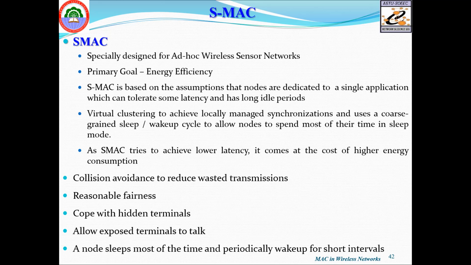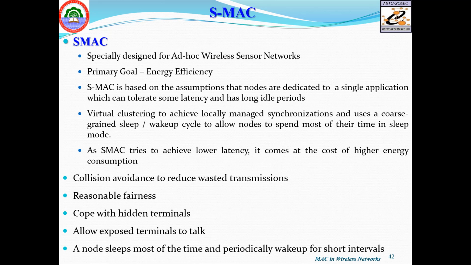As these nodes follow a sleep-wake cycle, a node simply sleeps for some period of time and then wakes up. It senses the environment, and if anything new has happened, that will be sensed by the SMAC protocol.